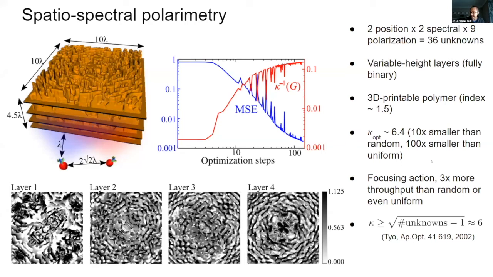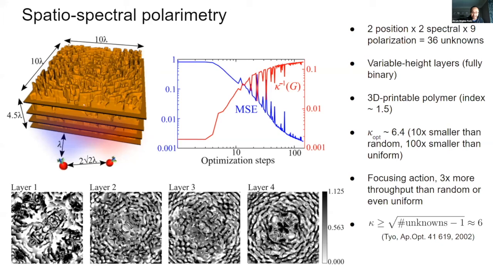So what we really found is that in addition to the one order of magnitude improvement in the condition number, you are also getting 3 times more transmission, more throughput, right? Compared to the random or even uniform structure.